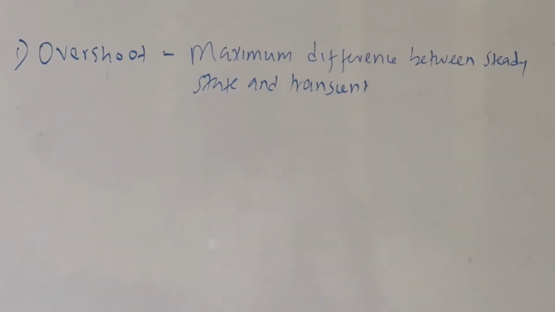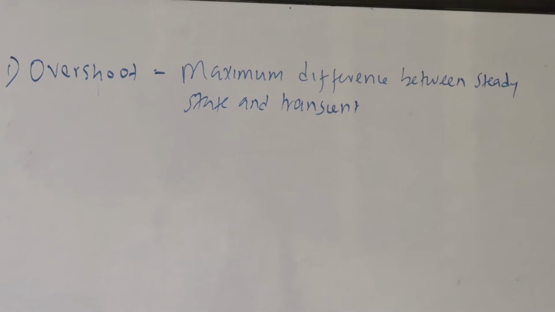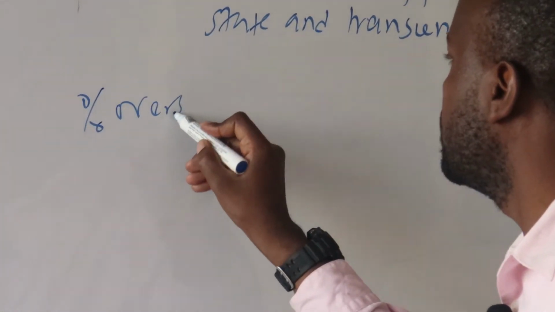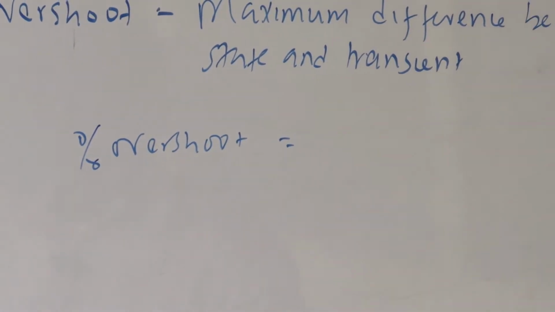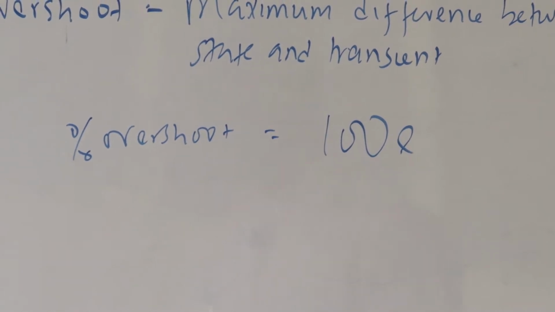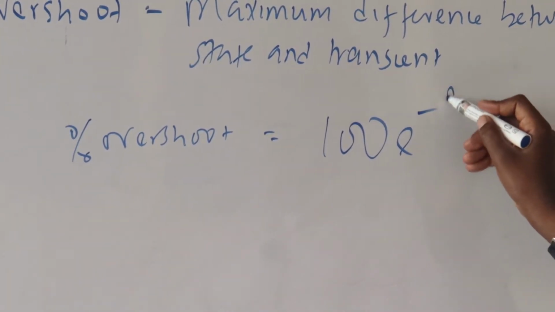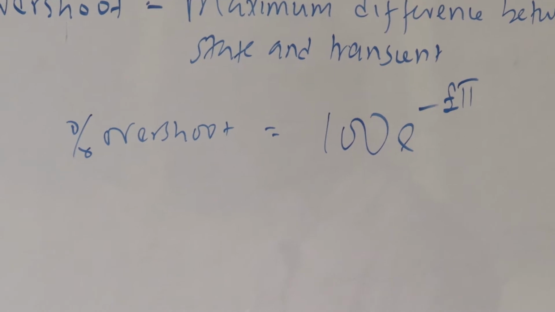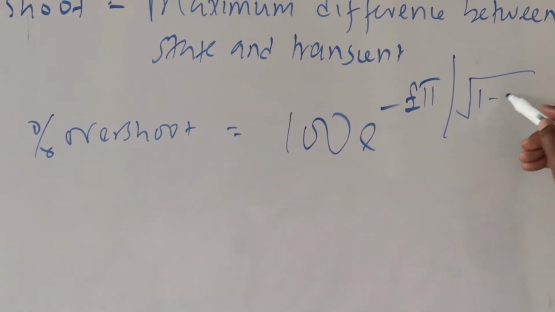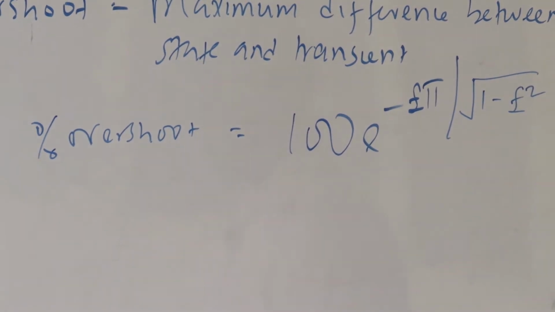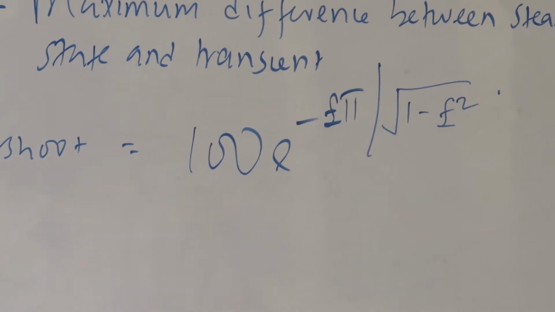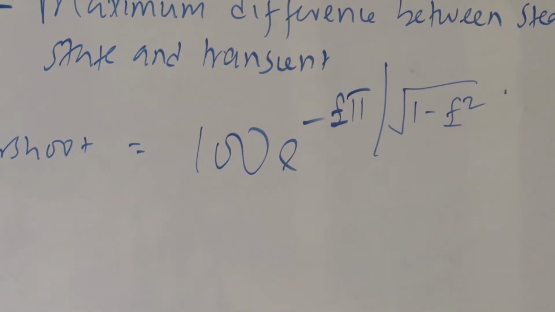We can say that the percentage overshoot will be given by 100 e raised to negative zeta pi over root of 1 minus zeta squared. That is now what we refer to as the percentage overshoot.